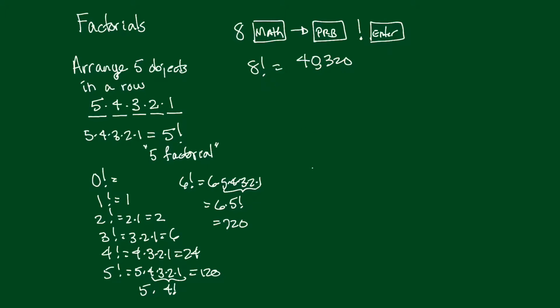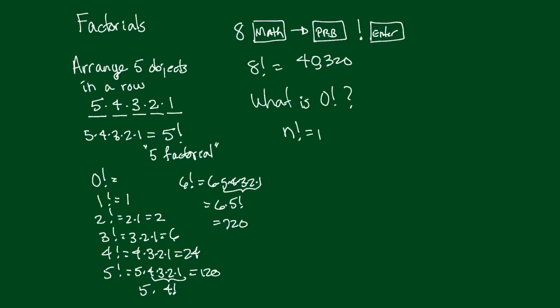Now let's look at 0 factorial. What is 0 factorial? To get an idea, look at what we were doing before. We took 5 factorial and broke it into 5 times 4 factorial. Then we took 6 and broke it into 6 times 5 factorial. So what if we write this in general? Suppose you start with some number n, and you want that factorial.